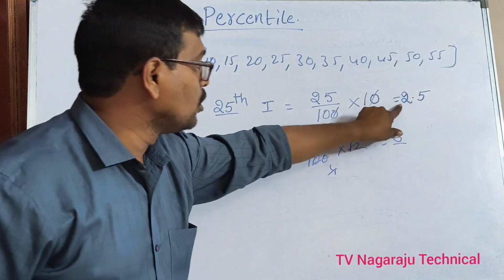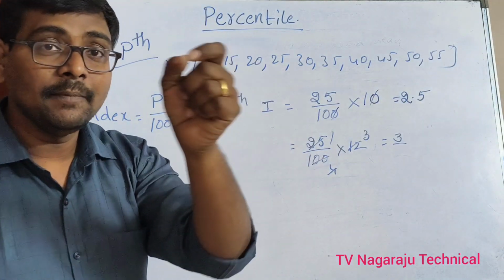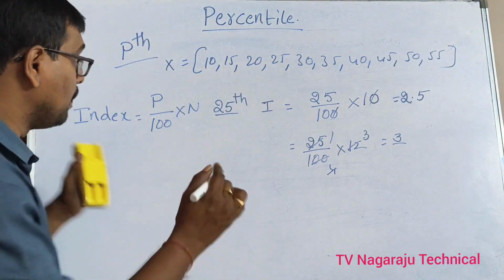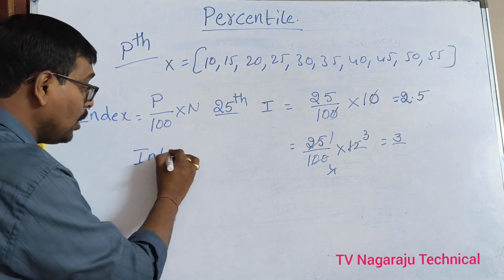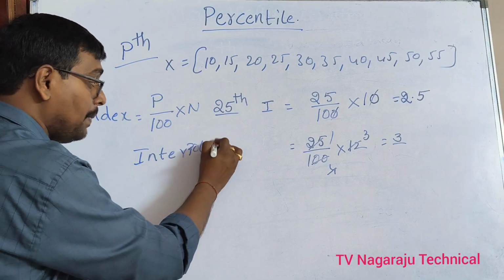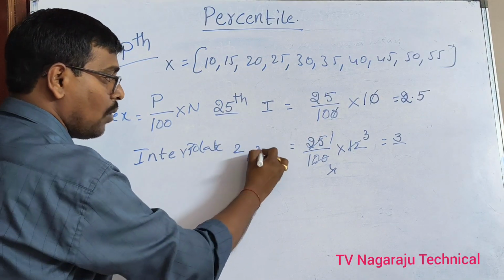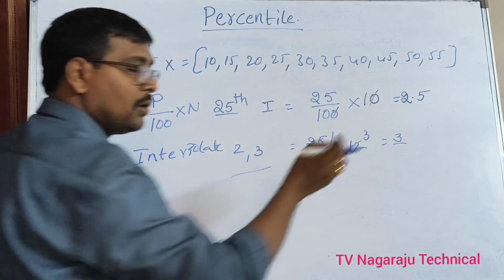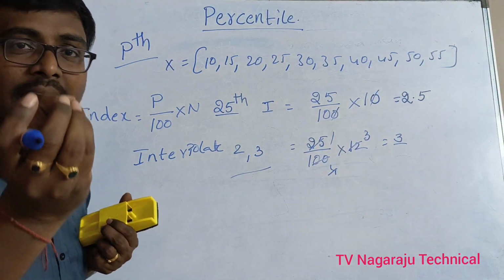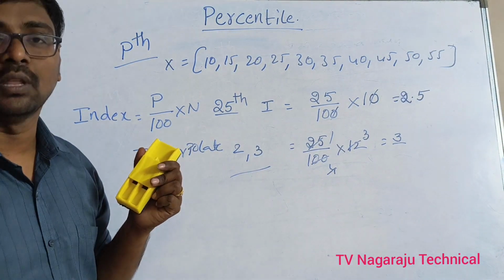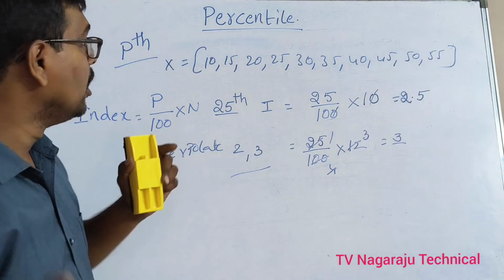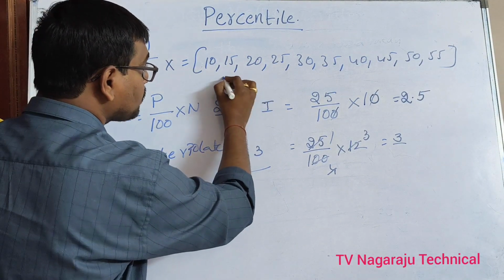Clear? Suppose you get a decimal value, like 2.5. Then you need to interpolate between positions 2 and 3. Simply take the average of the values at positions 2 and 3.